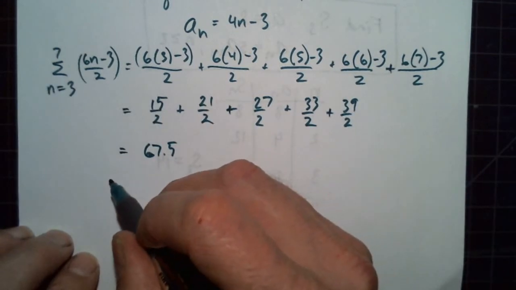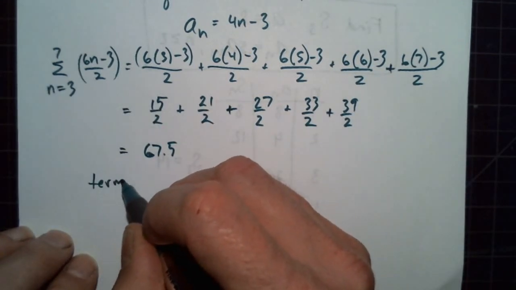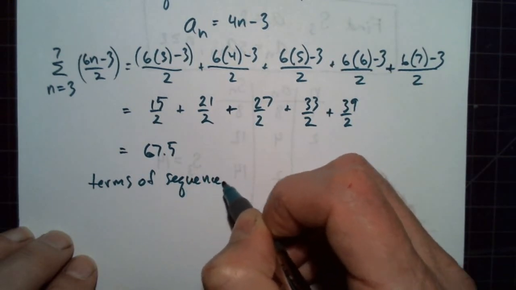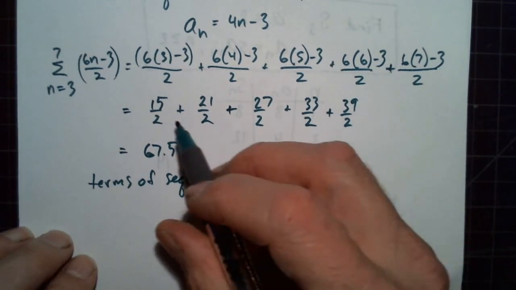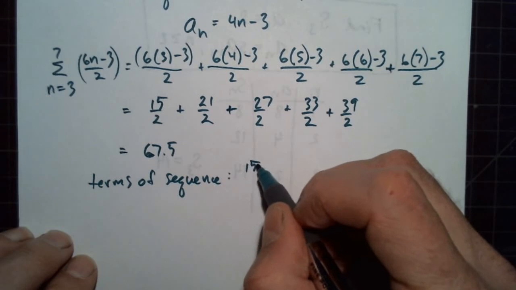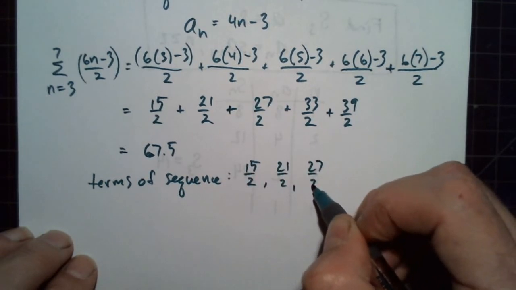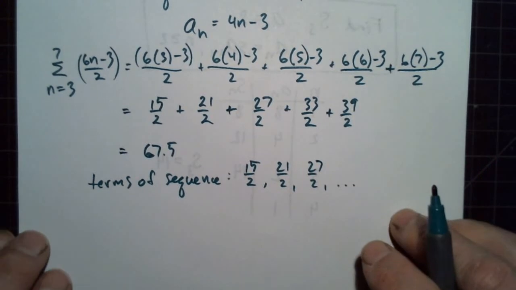And the terms of the sequence will be all of these: 15 over 2, 21 over 2, 27 over 2, and so on.